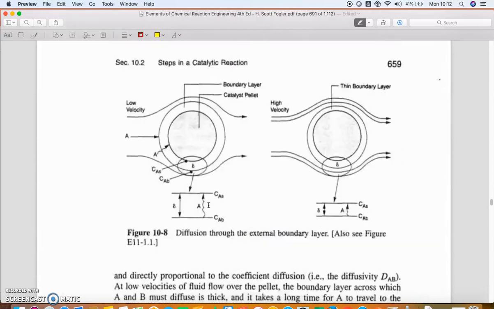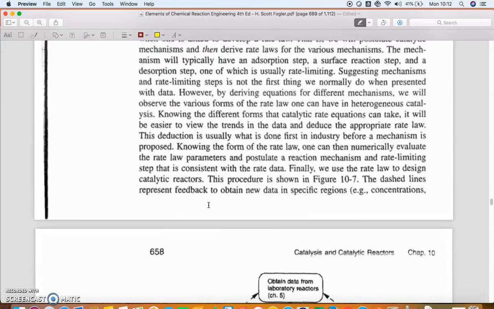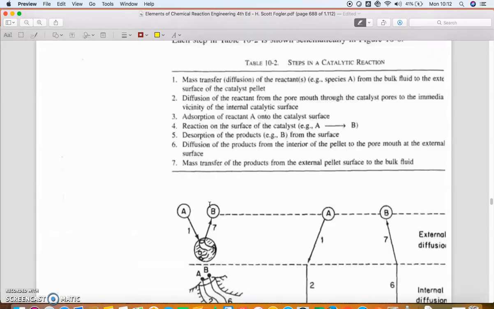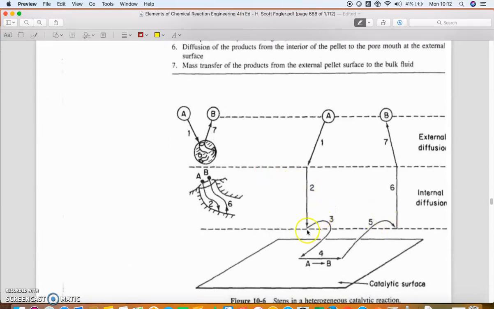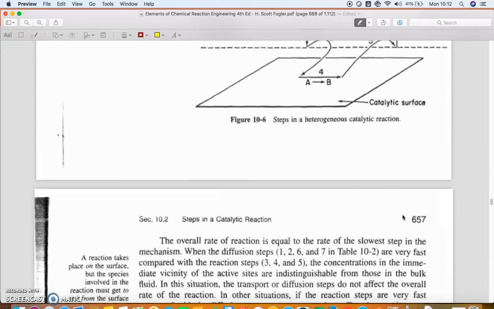Let me scroll a bit here. Remember the 7 steps. Now we are considering these 3, 4, 5 as the possible slowest steps. So it's either 3 or 4 or 5. The steps 1, 2, 6, 7 in this chapter we treat as rapid steps.